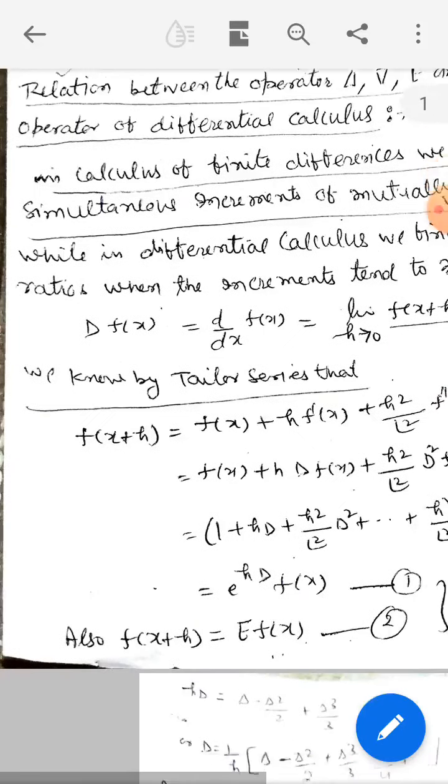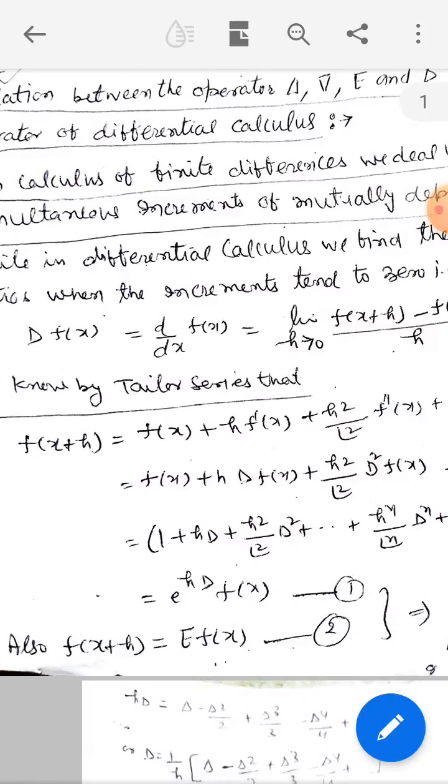In calculus of finite differences, we deal with the ratio of simultaneous increments of mutually dependent quantities, while in differential calculus we find the limit of such ratios when the increment tends to 0.